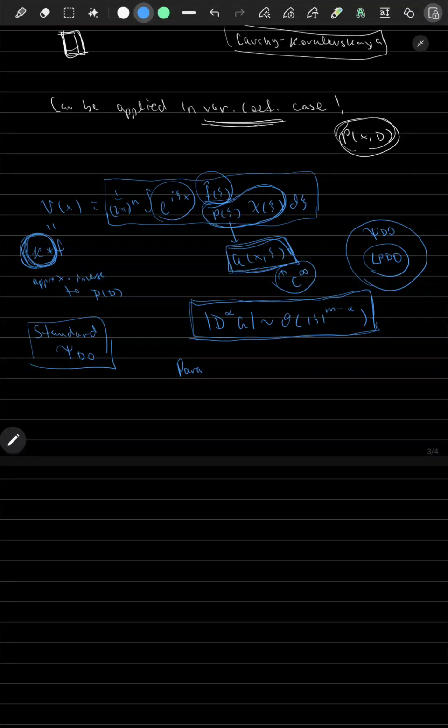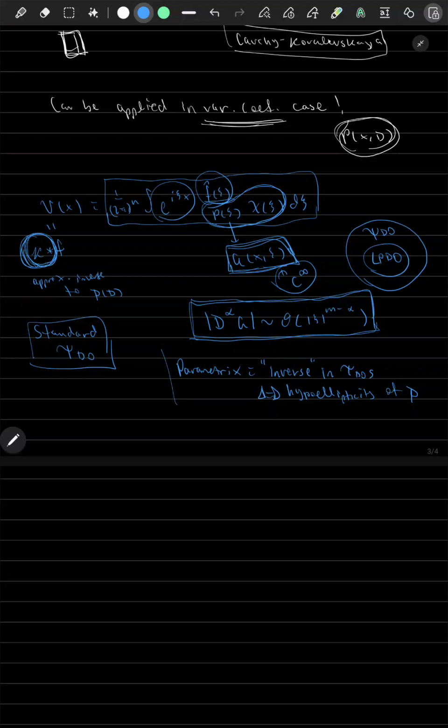So a parametrix, which is an inverse in pseudodifferential operators, is the same thing as determining the hypoellipticity of P. But we can only do this, the space of pseudodifferential operators is only guaranteed to invert elliptic operators.